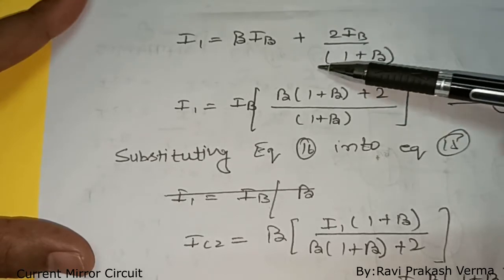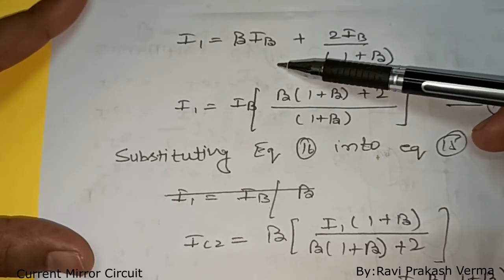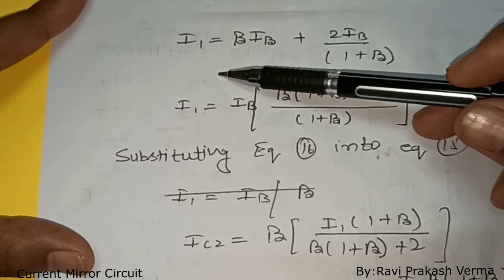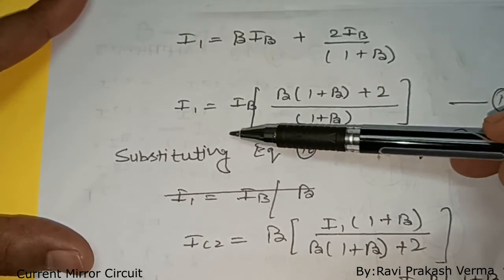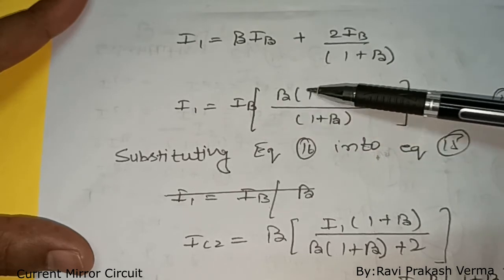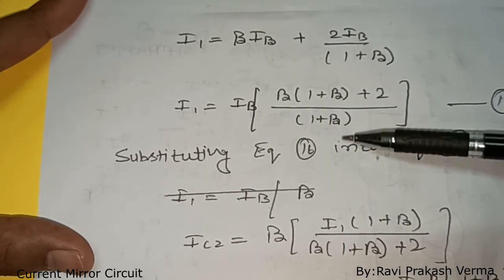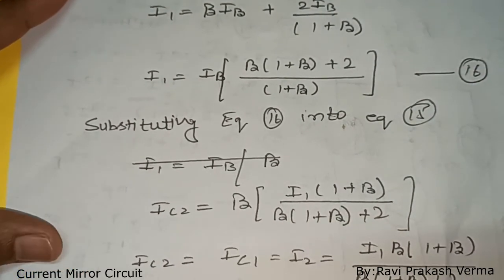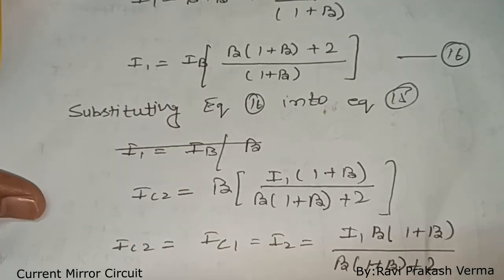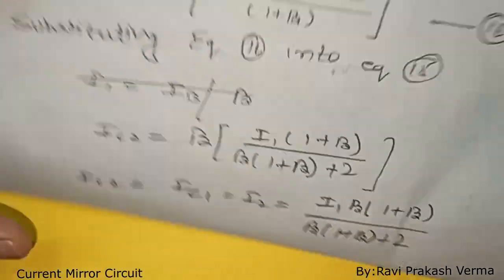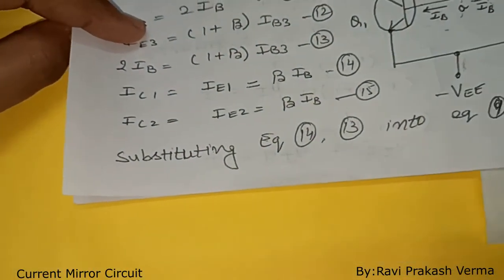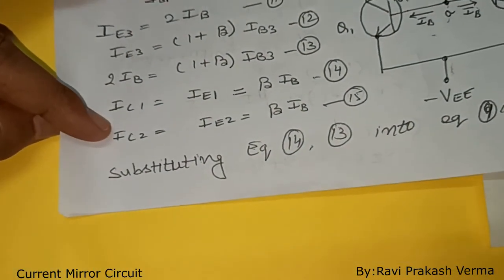After putting the values of IC1 and IB3, we will get this equation. By taking IB common, we get I1 equals IB in brackets beta times (1 plus beta) plus 2, upon 1 plus beta. Then the next step is putting the value of I1 into equation number 15, where IC2 equals beta times IB.